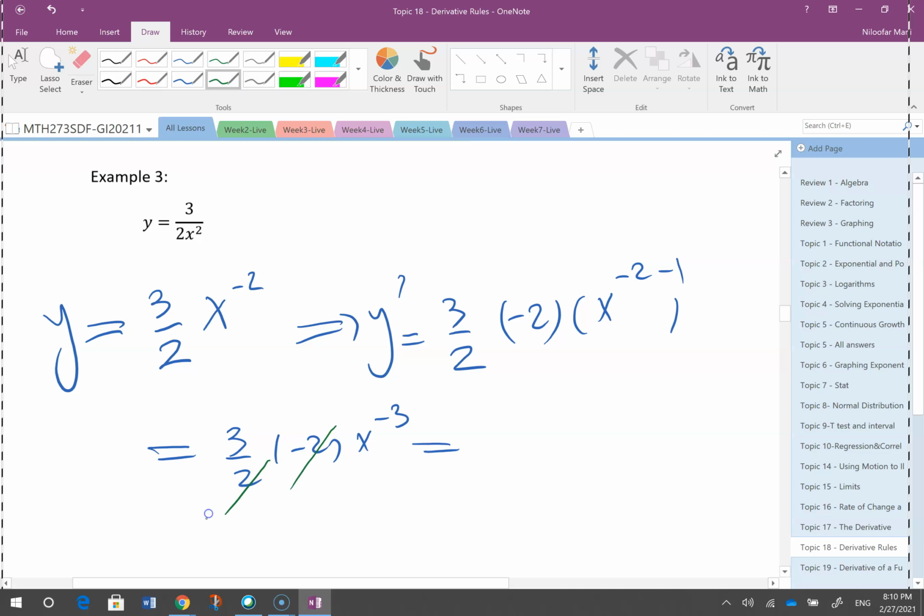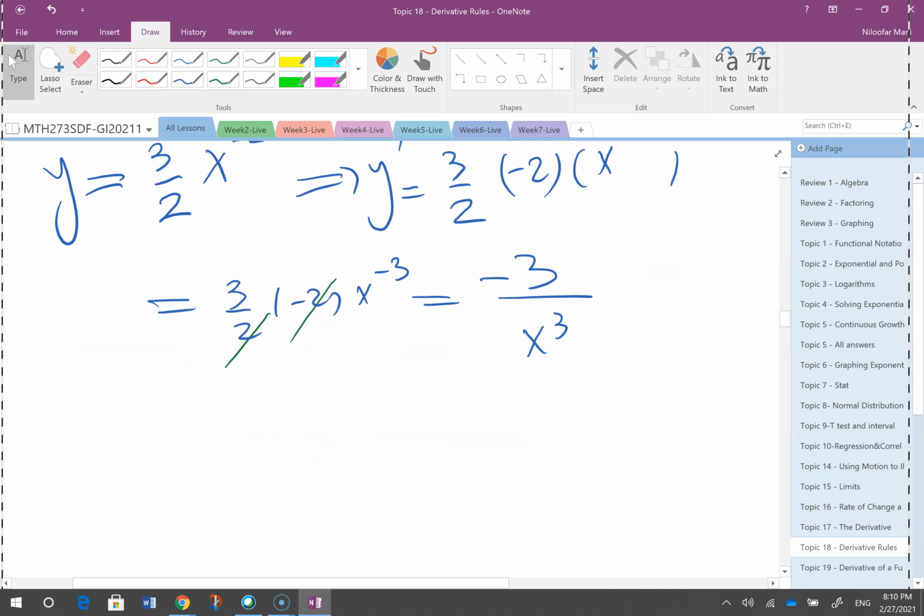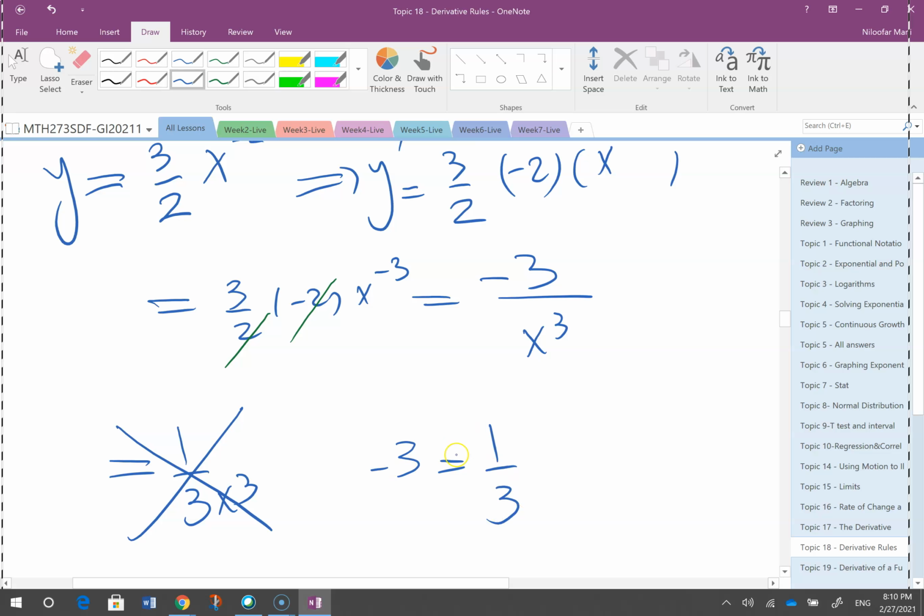Maybe I say simplify, and also I say show it in a positive exponent. So that's minus 3. You don't touch it. Sometimes a student, they write it's equal 1 over 3 this. No, wrong. Minus 3 is not equal this. I saw this mistake before. I don't want you to make it.